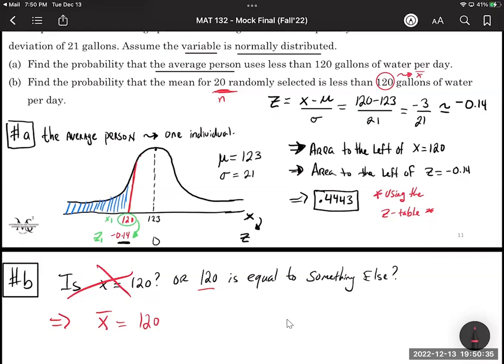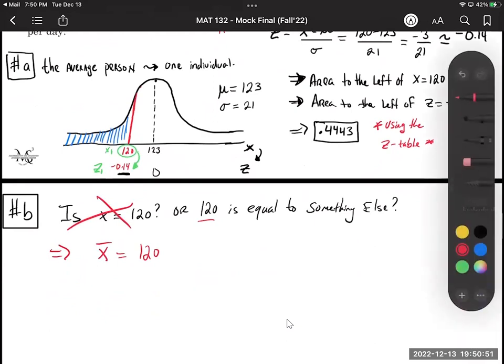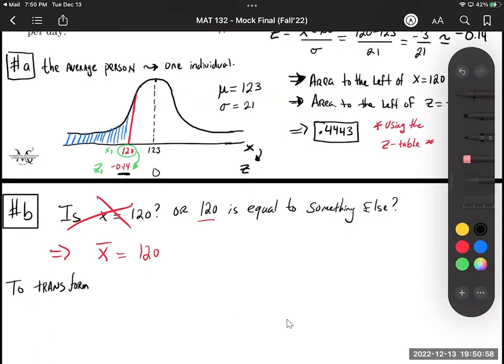Okay. Now, it's almost the same picture as part A, just a little bit different. And given that x is no longer 120, it's x bar equals 120, then the formula changes. So when you do part B, to transform or standardize x bar to z, we use the following formula.